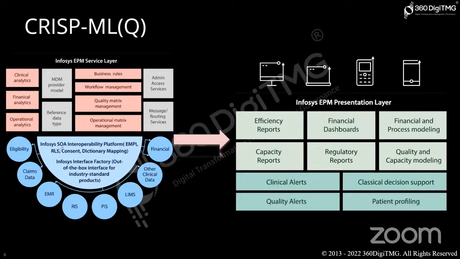It uses various analytics software like clinical analytics, financial analytics, and operational analytics, and creates meaningful dashboards like efficiency reports, financial dashboards, financial processing models, capacity reports, regulatory reports, quality and capacity modeling, and various alerts.